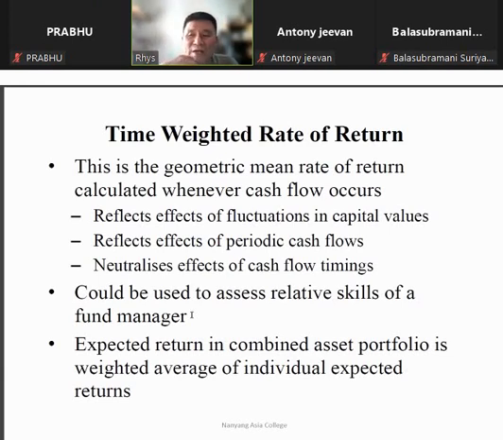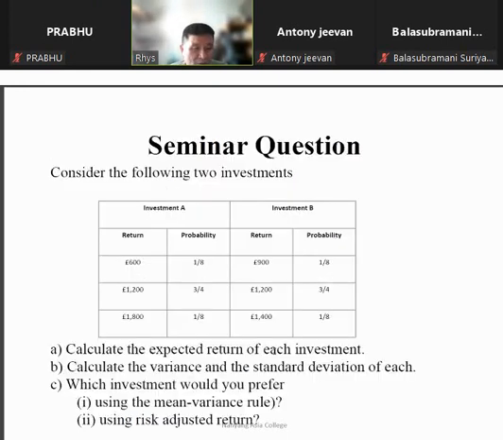So you have to calculate your income for the 8-month expenses, etc. Right? So you see how much the return is. Okay, this is a geometric mean of return calculated whenever cash flow occurs. All right, the money you collected, how much you pay out, how much you pay the workers, etc. Okay, I don't want to go through more.